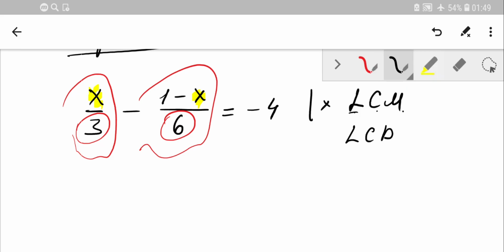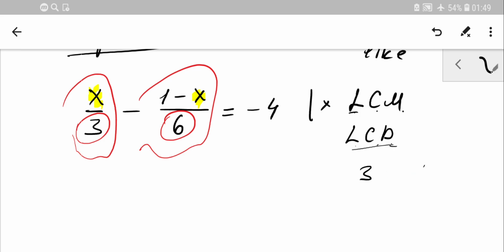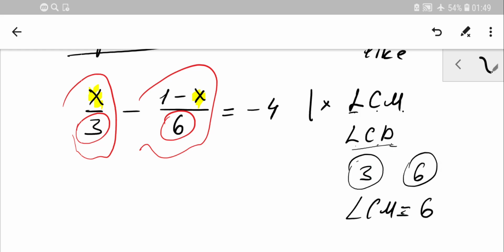In this case, you need to multiply by the LCM, or LCD, the lowest common denominator. Here, for 3 and 6, it's 6. This is the lowest number that is divisible by 3 and by 6.